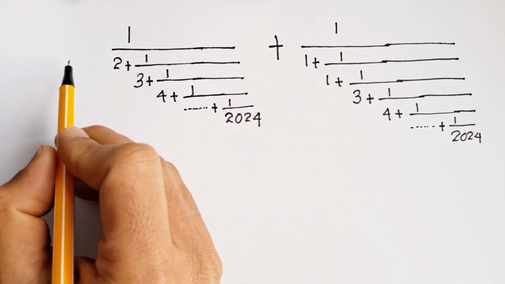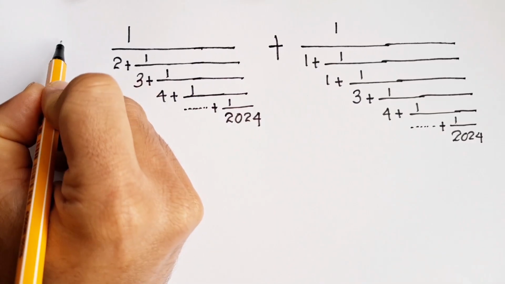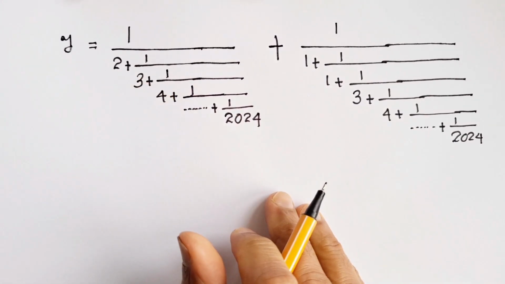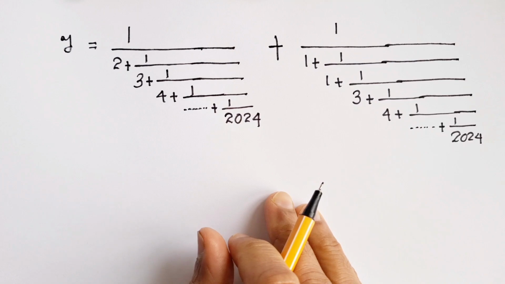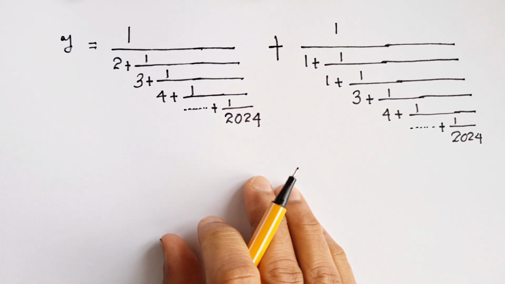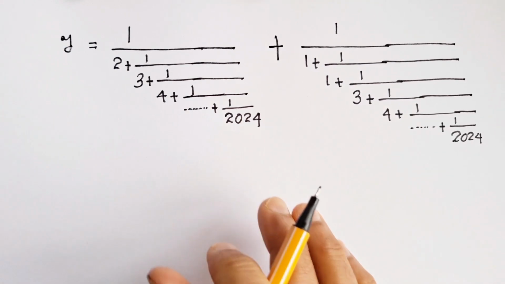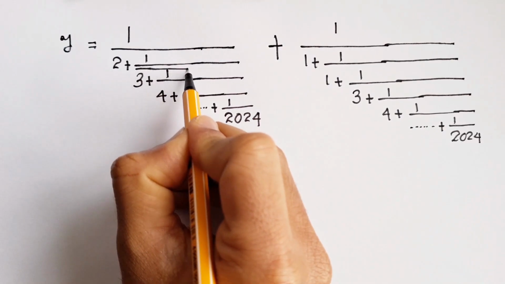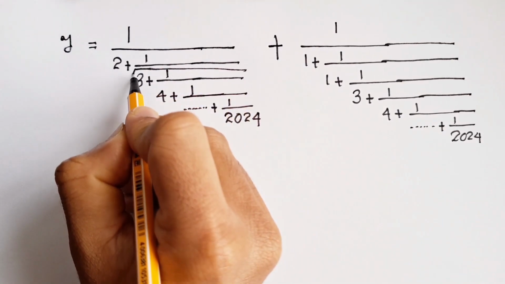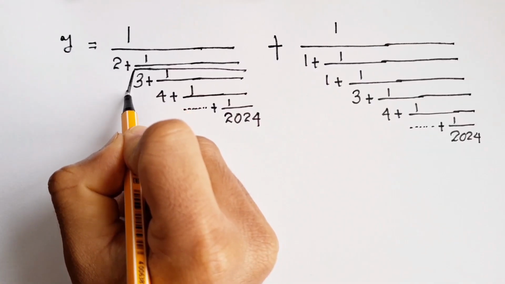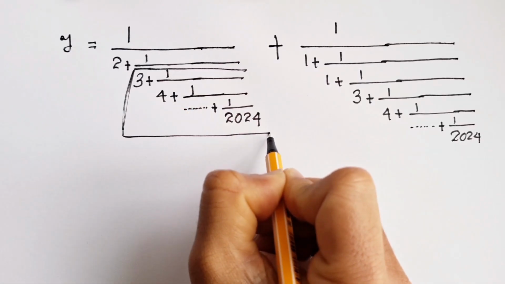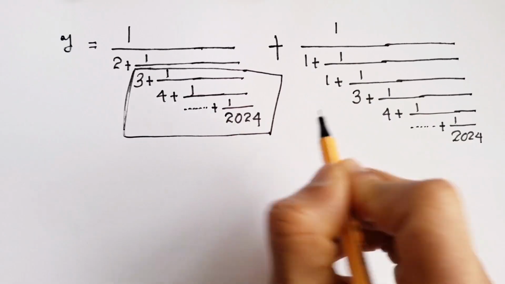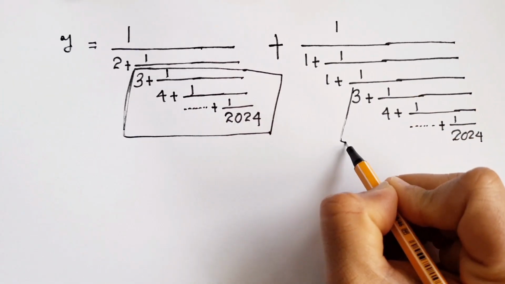I will take this whole expression equal to y. So, y equals this whole expression. Then if you look at this whole expression carefully, you will be able to find this part here, this part, and this part.